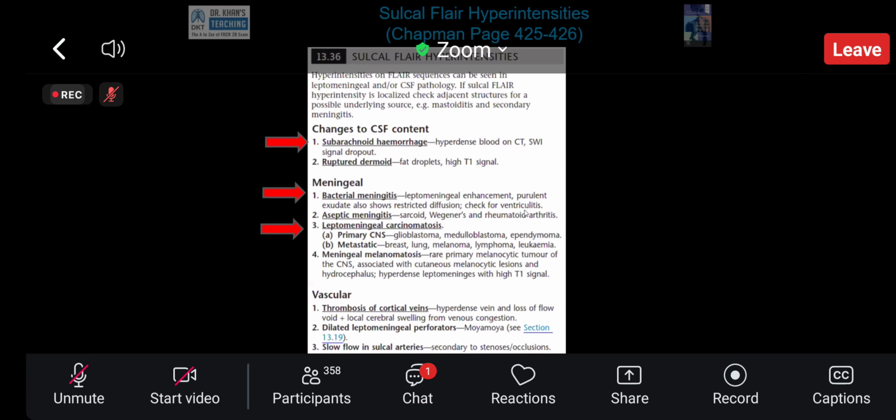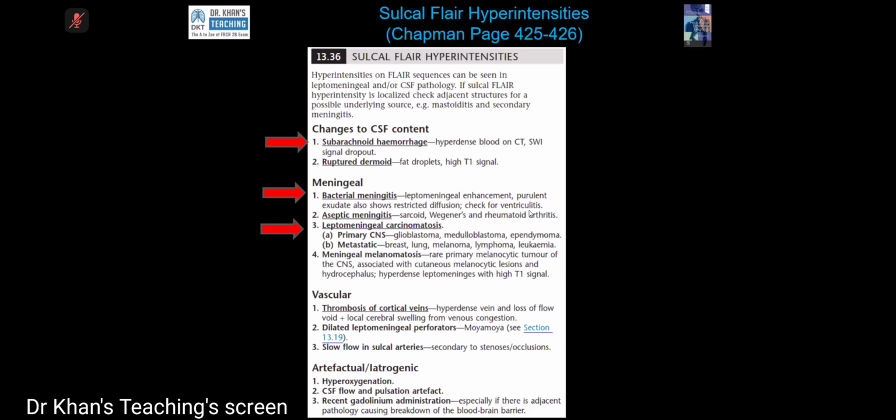Now, high signal on a FLAIR sequence. In this particular case, because it was an orbit type of protocol, they did not do a FLAIR brain. I'm sure there would have been some high signal on the FLAIR. And this is what an examiner will show you in the exam, a FLAIR sequence.